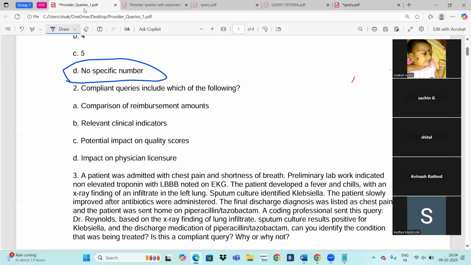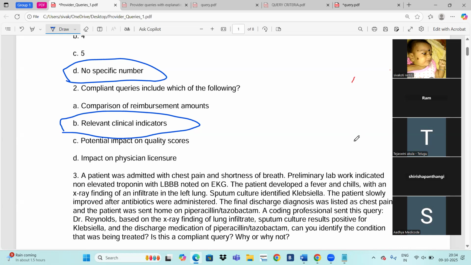What are the things we need while raising a compliant query? Relevant clinical indicators. Option B, correct? Relevant clinical indicators are compulsory.